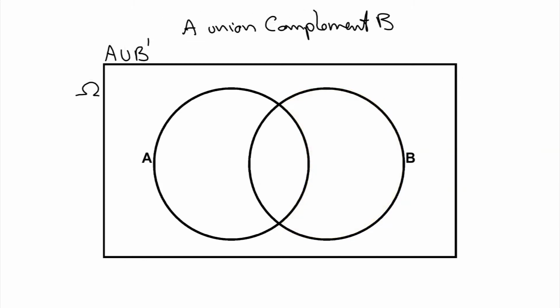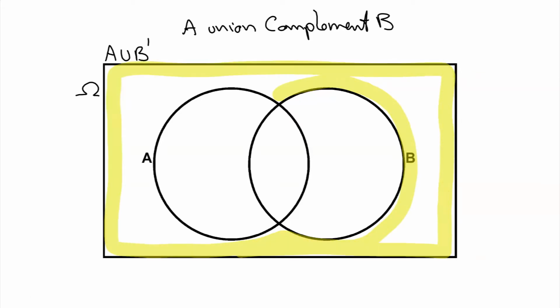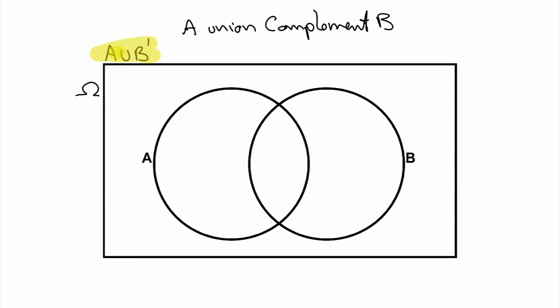A union complement of B. So this is A or everything that is not B. So everything that's not B is all of this, everything that's outside of B, and it can also be within A. A union with the complement of B. Because it's an OR situation, right?